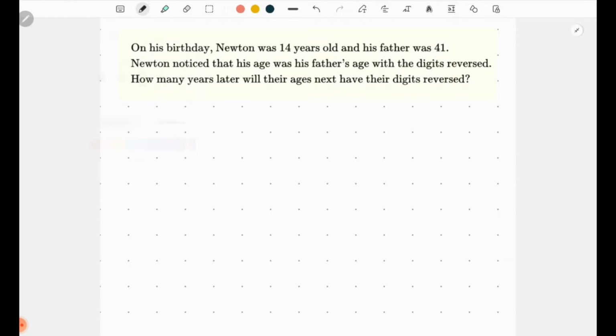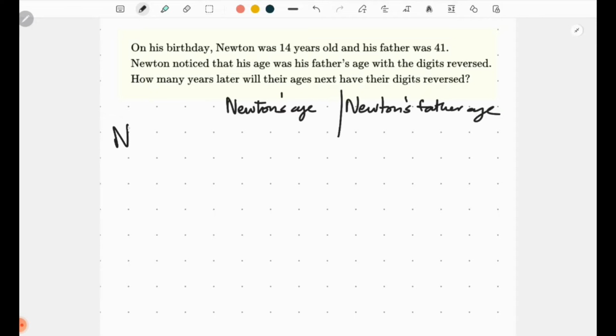So, we are talking about the current situation, about Newton's age and Newton's father's age, right? So the current scenario. Now Newton is 14 years old and his father is 41 years old, right? 14 and 41. Newton noticed that his age was his father's age with the digits reversed.